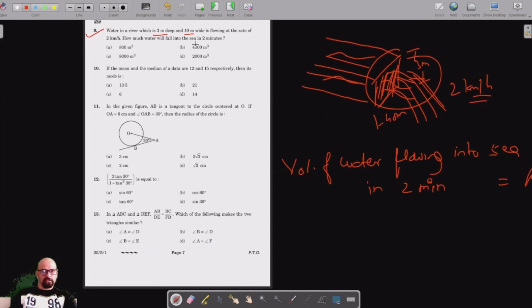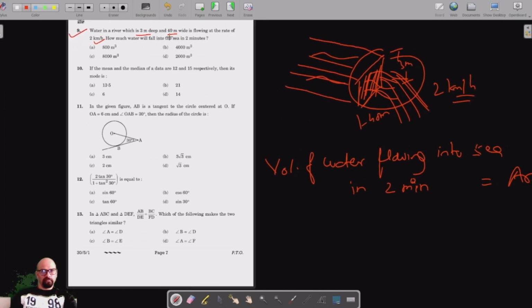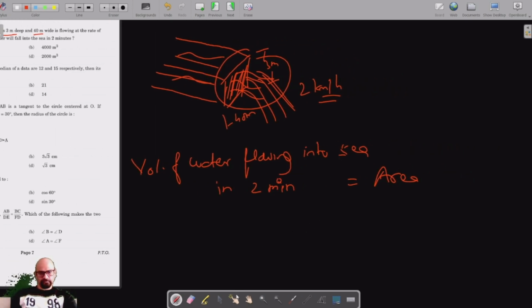It's given that the speed is 2 km per hour. So this is the volume of the water flowing into the sea in 2 minutes that we have to find out. And for that, let's first calculate the area of cross section.